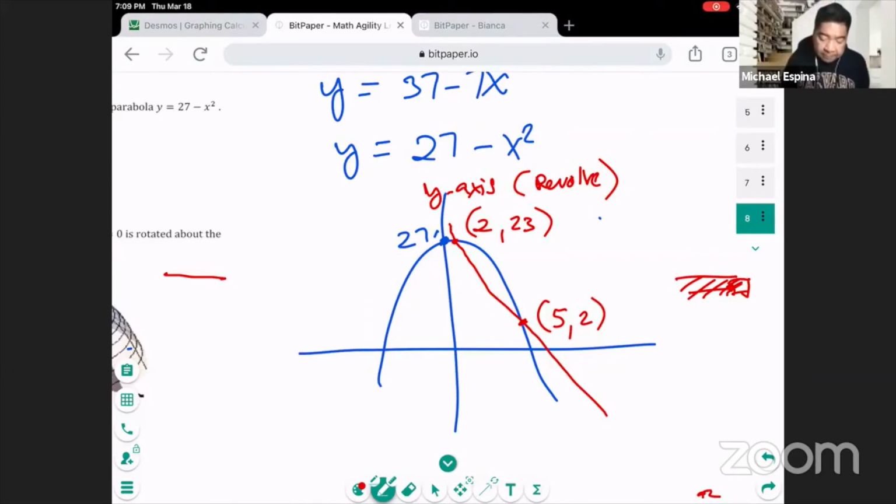So let's use the washer first. We call this the horizontal slice, so this would become dy. Our R would be from here.